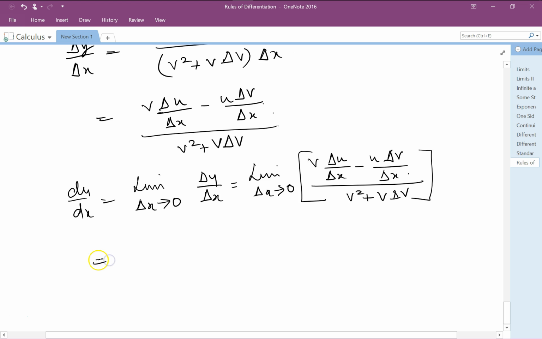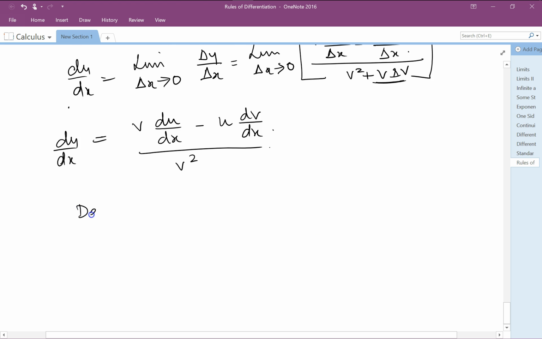Now let's take the limit. In the numerator we end up with v du by dx minus u dv by dx, and in the denominator, as delta v tends to 0, this becomes 0, so we are left with v square.